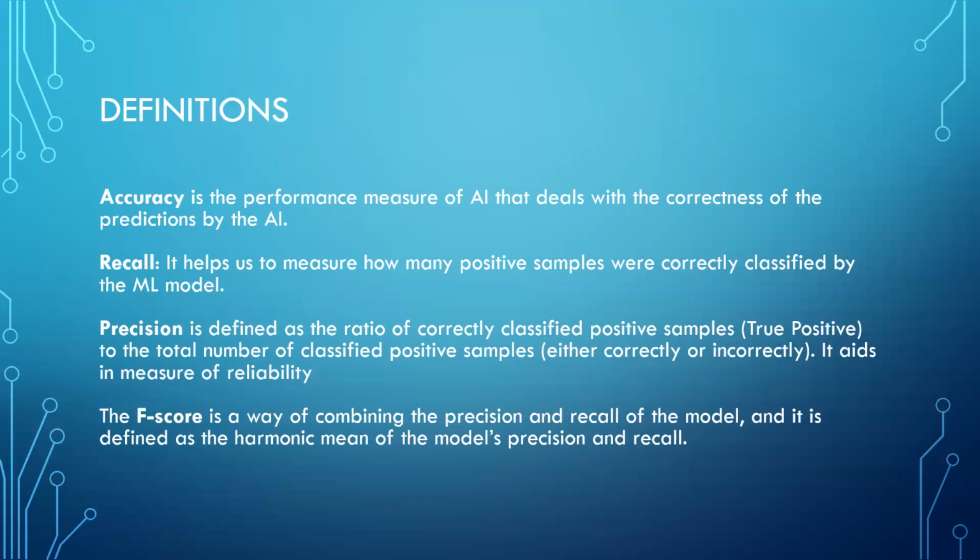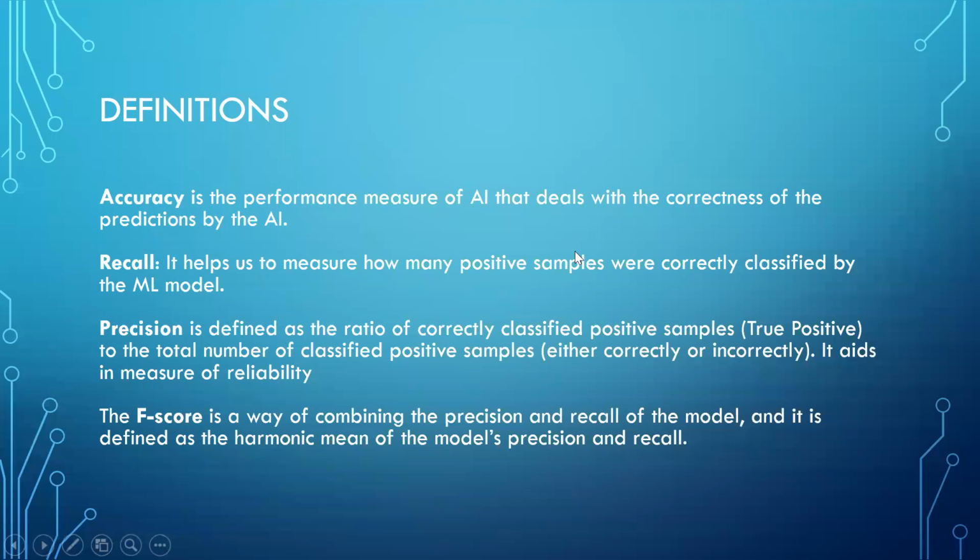Now the F score is basically the harmonic mean. Sorry, I had a little instability in my network. But resuming back to the F score, the F score is basically the harmonic mean.